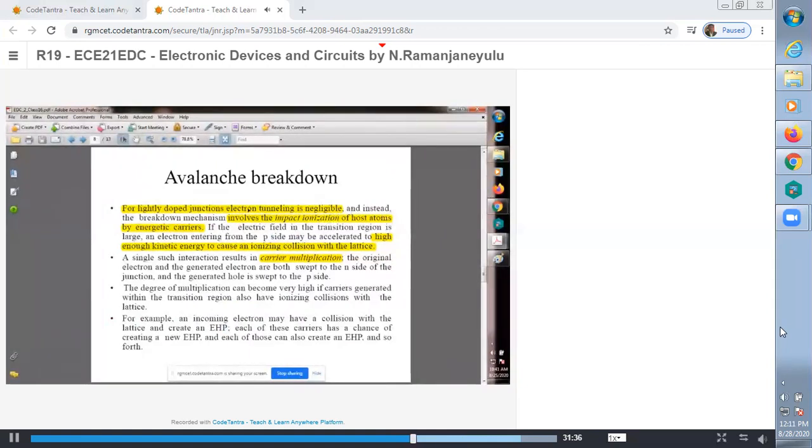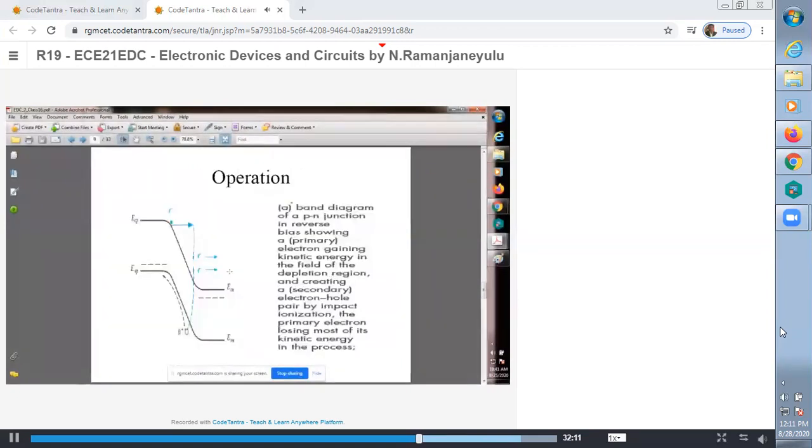Instead of tunneling, the breakdown mechanism involves impact ionization of host atoms by energetic carriers. If the electric field in the transition region is large, an electron entering from the P side may be accelerated to high enough kinetic energy to cause an ionizing collision with the lattice. This is the energy band diagram, and here W is large.